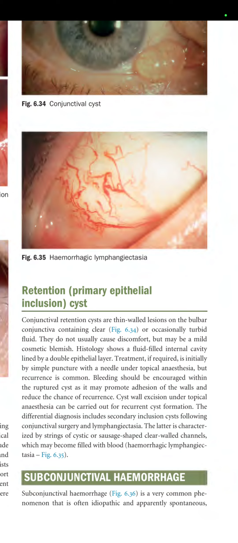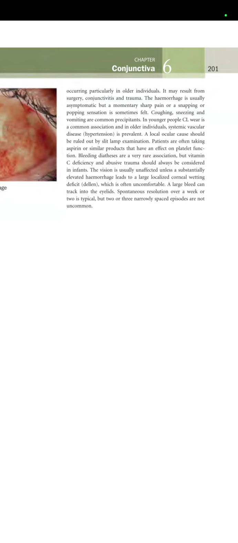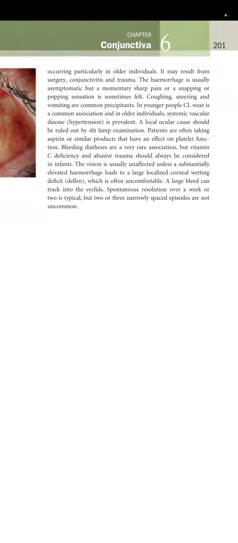Subconjunctival hemorrhage is a very common phenomenon that is often idiopathic and apparently spontaneous. Occurring particularly in older individuals, it may result from surgery, conjunctivitis and trauma. The hemorrhage is usually asymptomatic, but momentarily sharp pain or a snapping or popping sensation is sometimes felt. Coughing, sneezing or vomiting are common precipitants.